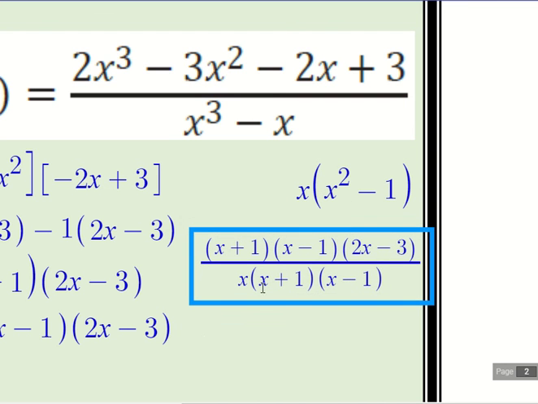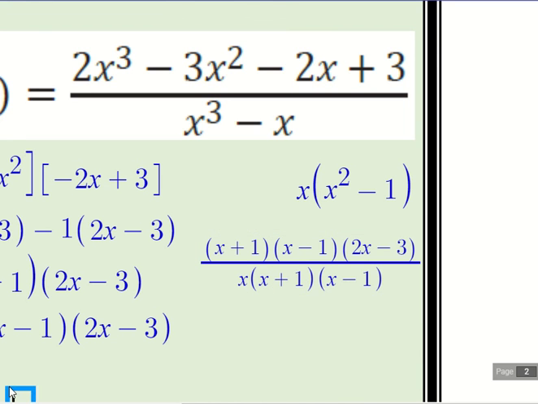Now, before I deal with anything here, I need my excluded values. So I have to establish x cannot be 0 because I have an x by itself.